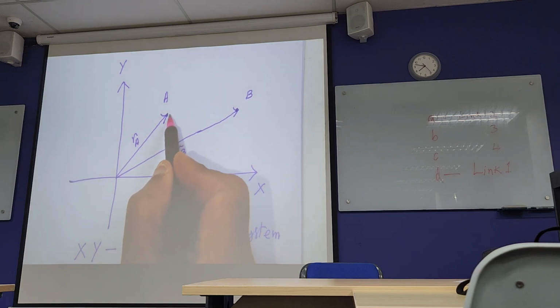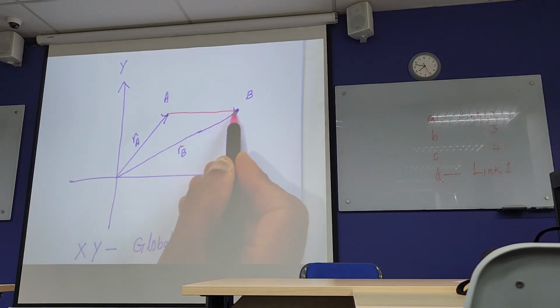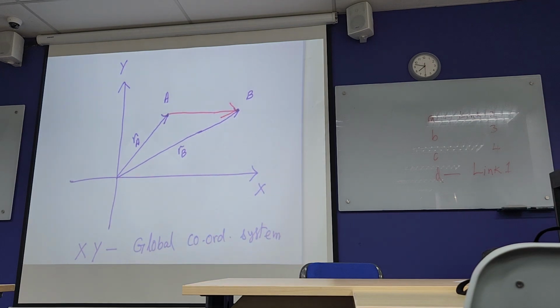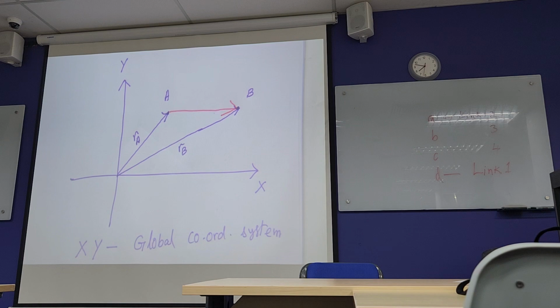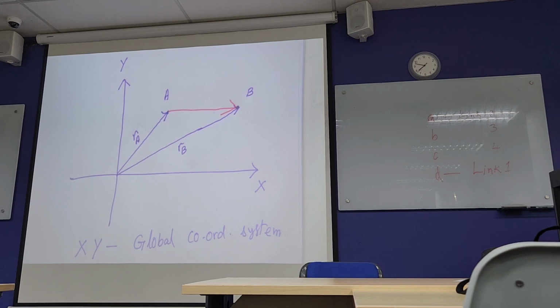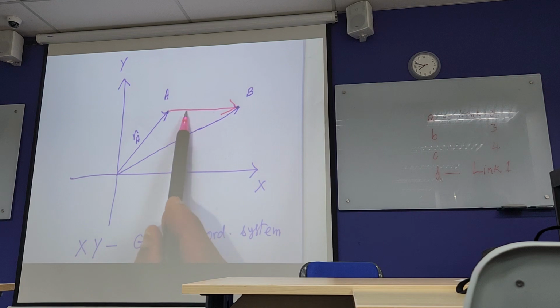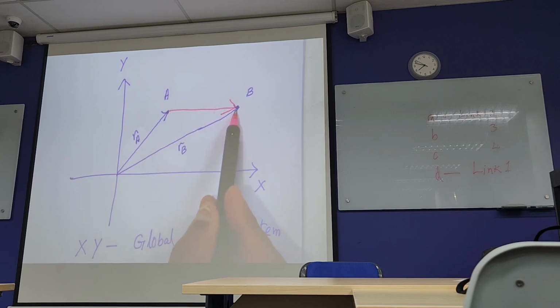So next I draw this. How to call this now? Can you tell me? R? No. Now I am looking at the position of B, right?